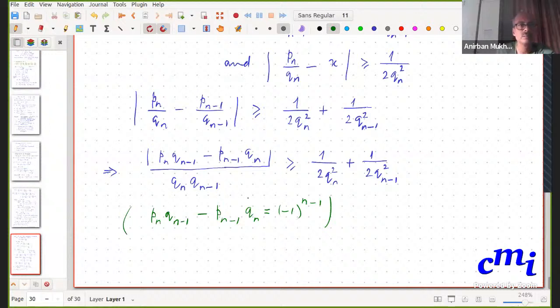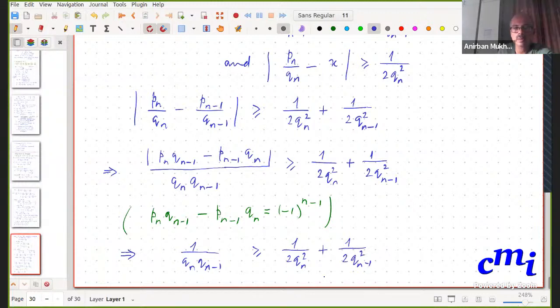So we can write that 1 over Qn minus 1 is greater than or equal to 1 over 2Qn square plus 1 over 2Qn minus 1 square.